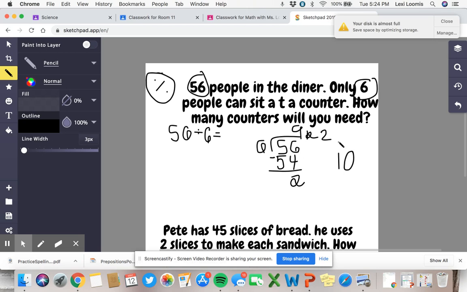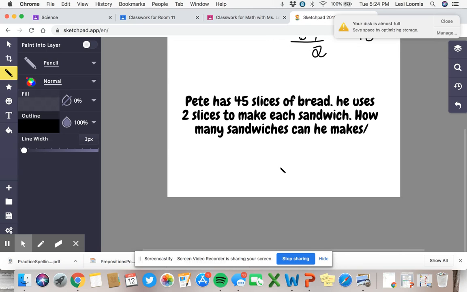So if there's a remainder when it's asking you how many you'll need of something, you want to go up to the next number. You want to round it up to the next number. So if 56 divided by 6 is 9 remainder 2, that means there are 9 counters, but there's still going to be 2 people left over, so you want to make it 10 counters.